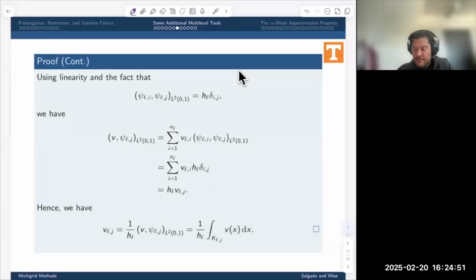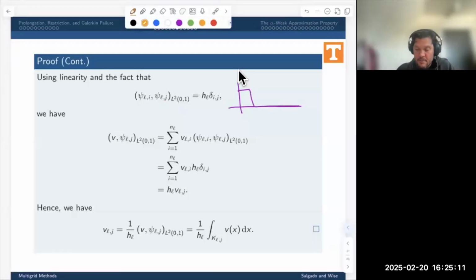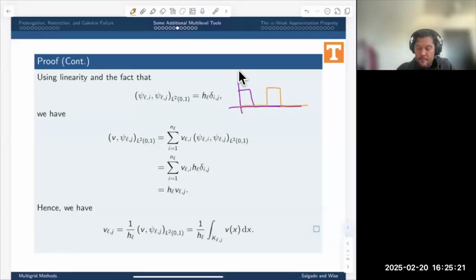Well, if I integrate two basis functions, I'm integrating two functions whose product, let's see, the first basis function might look like that, and then the second basis function, let's make it orange, might be over here, and of course this is i equals, let's say 1, and j equals 3.